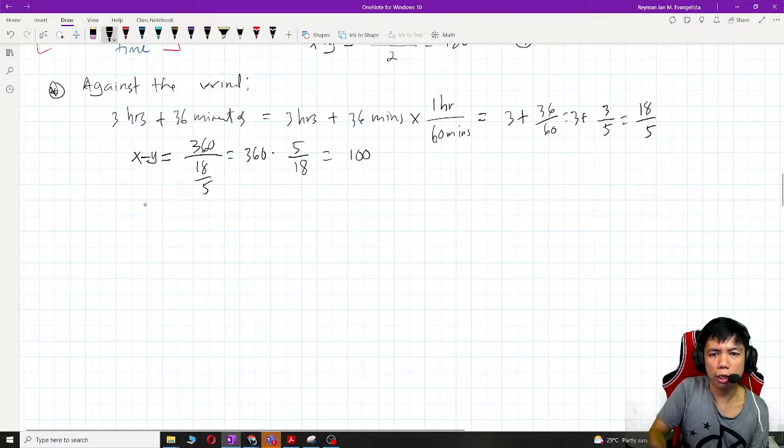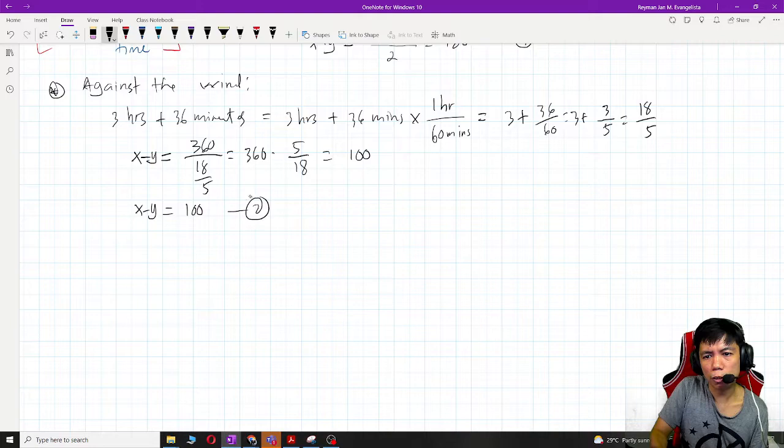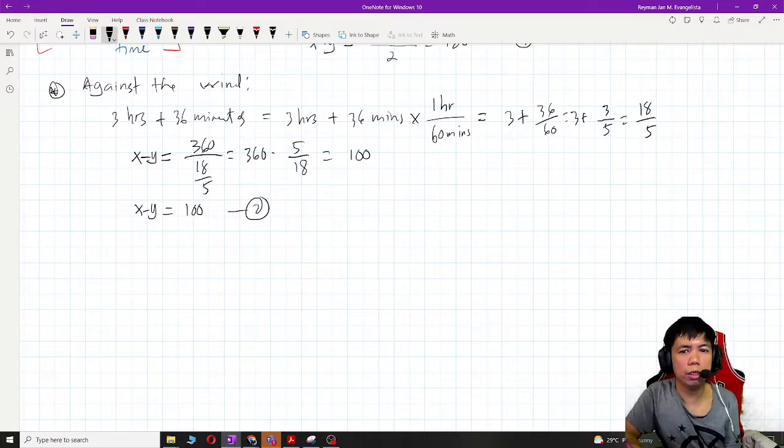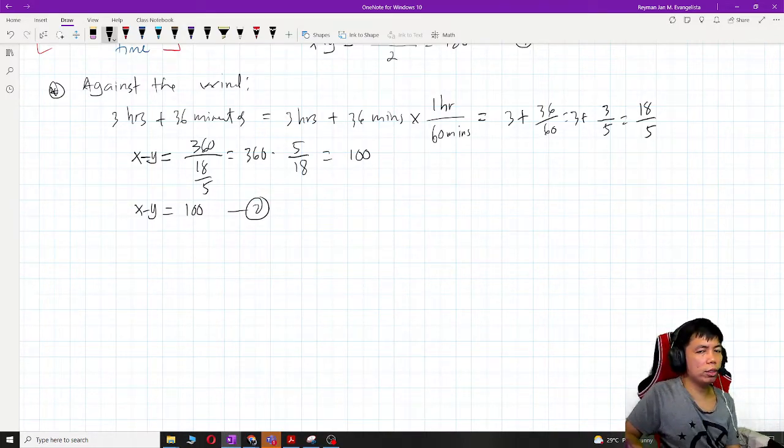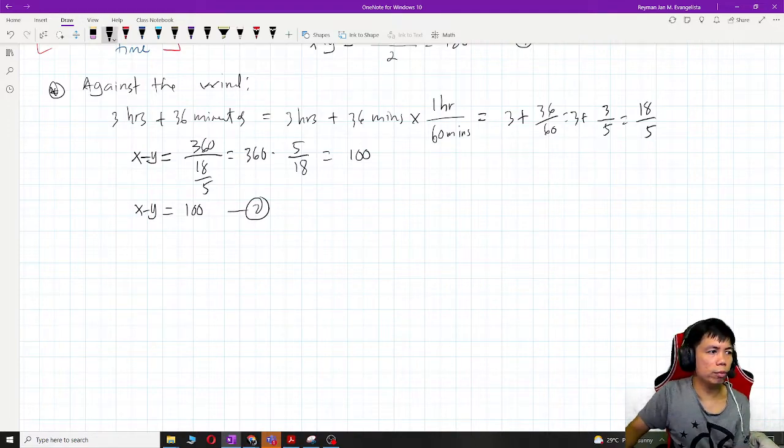Therefore yung second equation natin is x minus y is equal to 100. Diba guys, ang kailangan natin dito is yung value ng x, which is the speed of the airplane in still air.